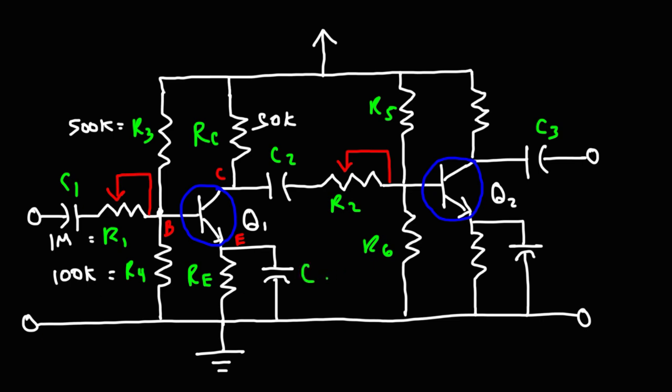Now, the other two capacitors, C4 and C5, they are bypass capacitors. What they do is they bypass the emitter resistance. And this has the effect of increasing the voltage gain of the circuit, but it can also potentially increase distortion, because if the voltage gain is too high and you apply a high input voltage to the base of this transistor, it can lead it into cutoff or saturation, thus creating distortion.